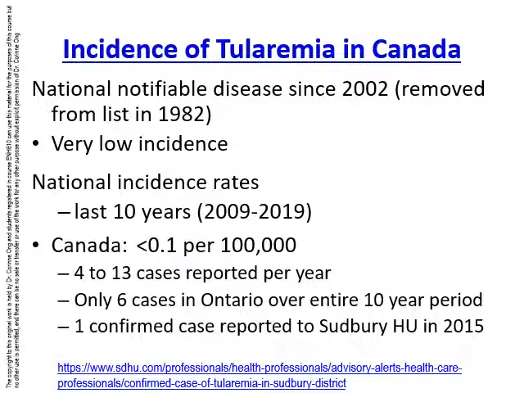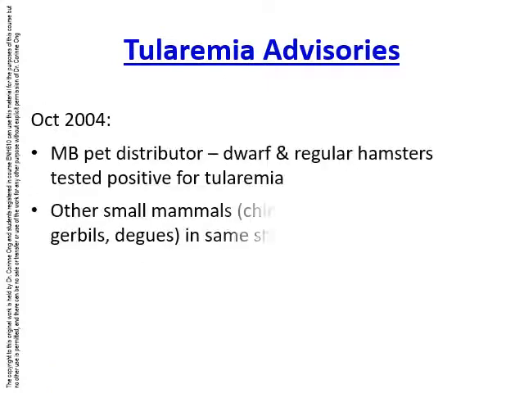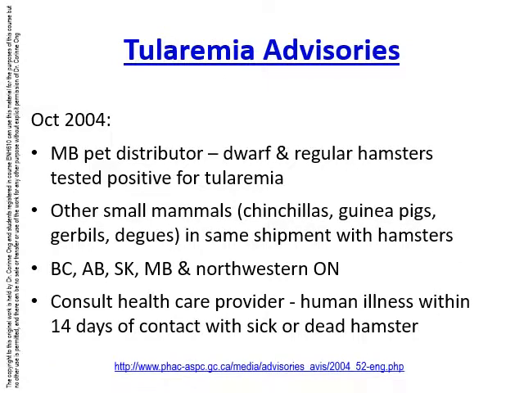In 2015, a confirmed case was reported to Sudbury Health Unit. There's only been one tularemia advisory in the past. This involved a Manitoba pet distributor whose dwarf and regular hamsters tested positive for tularemia. In the same shipment with the hamsters were also other small rodents.